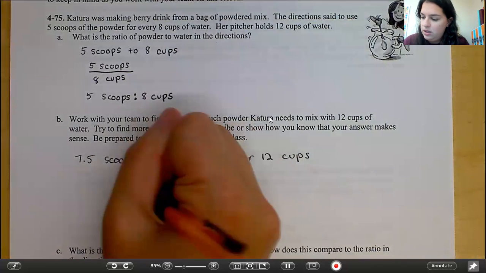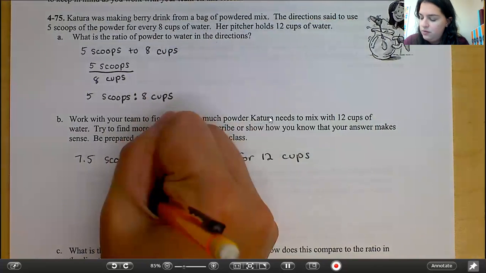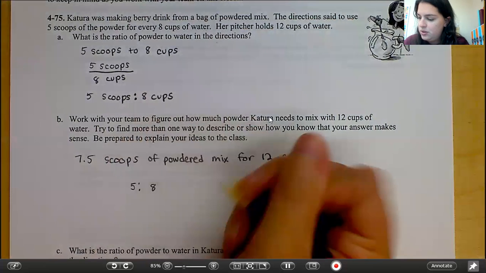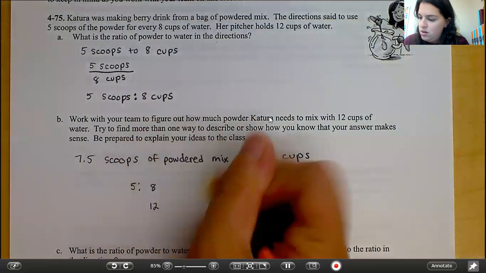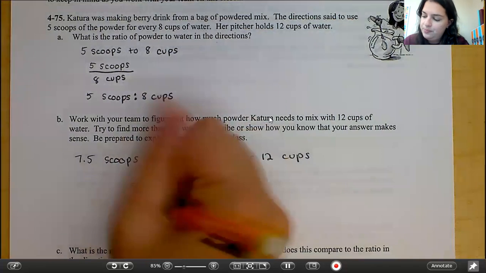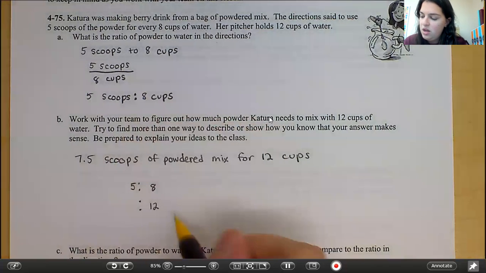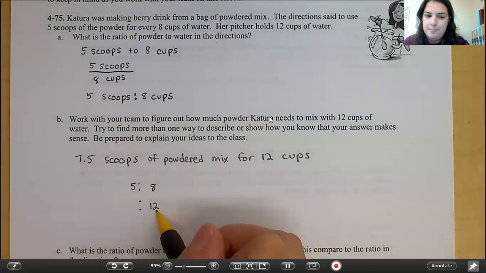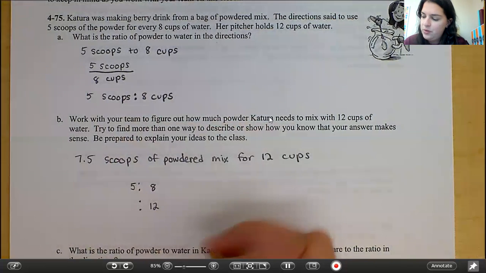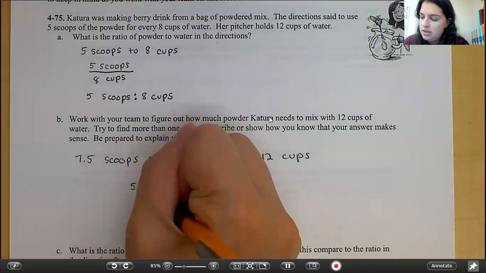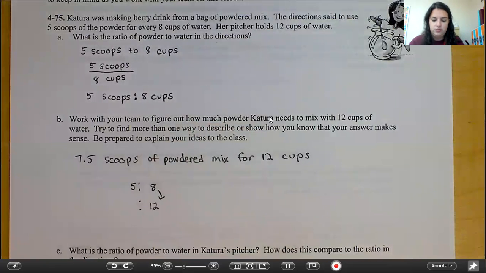So one way I like to show this is if we did 5 scoops to 8 cups, we knew that there was 12 cups of water in the pitcher. So you need to ask yourself, 8 times what is going to give me 12? If you ask yourself that question, you should have come up with 1.5.